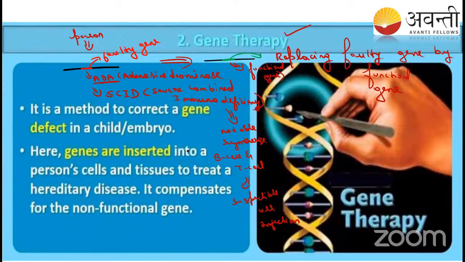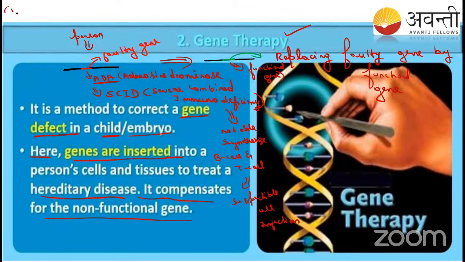It is a method to correct the gene defect in a child or in an embryo. Genes are inserted into a person's cells or tissues to treat a hereditary disease, to compensate for the non-functional gene. There are two types of gene correction.